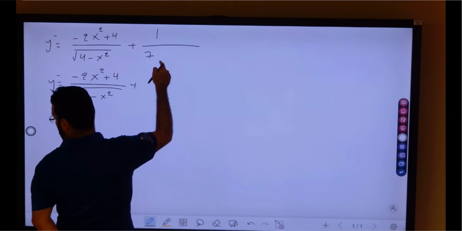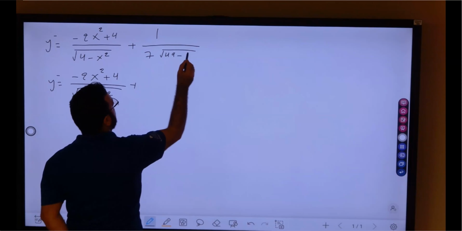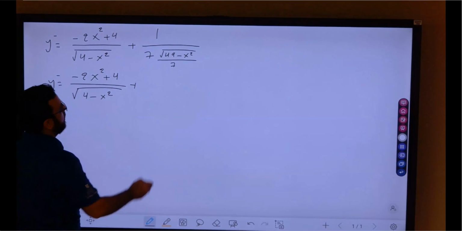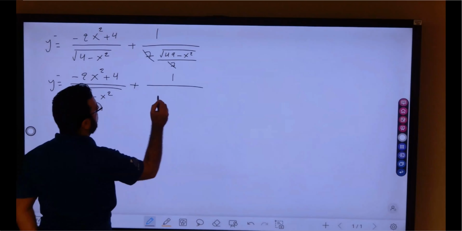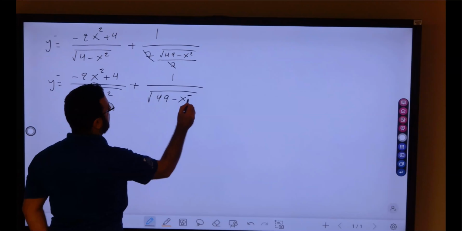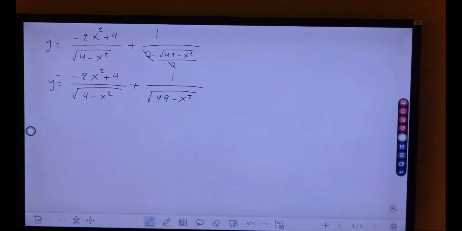And on this side is going to be square root of 49 minus x squared over 7. Yes or no? Now can I cancel these? Yes, yeah. Now 49 minus x squared. See, it's just a feeling.